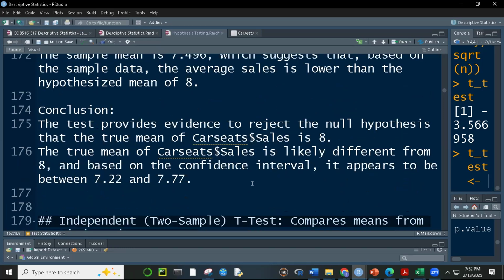So in concluding, class, the evidence shows that we're rejecting the null hypothesis that the true mean of car seat sales is 8. The true mean of car seat sales is likely different from 8. And based on the confidence interval, it appears to be between 7.22 and 7.77.